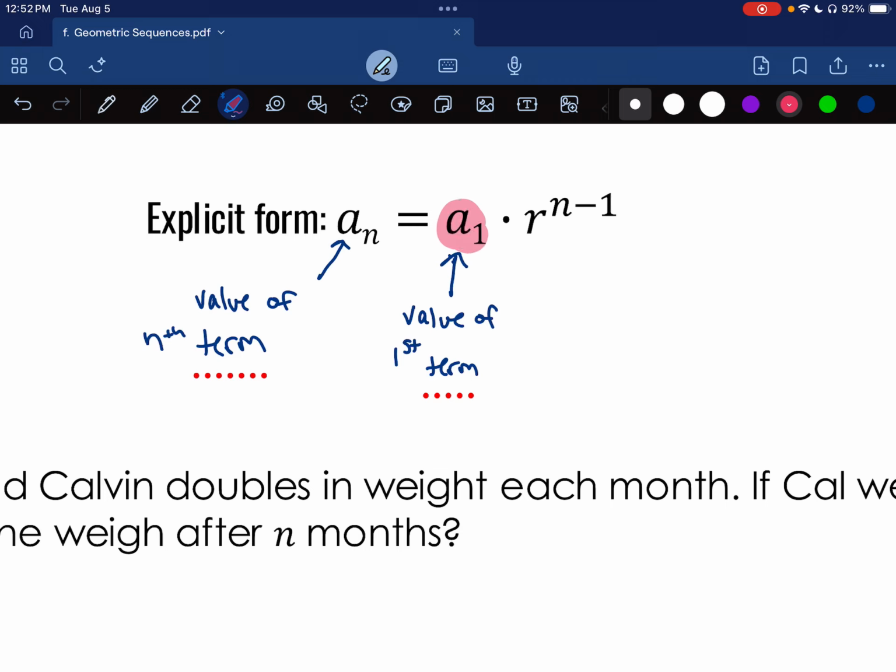R is our common ratio, the thing we're multiplying by over and over again. It's the base of our exponential. And n is our term number, telling you first spot, second spot, third spot, and so on.